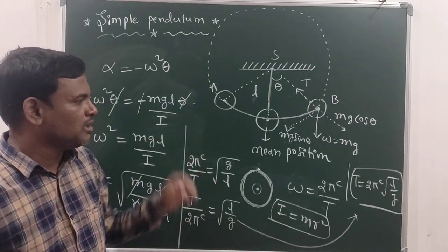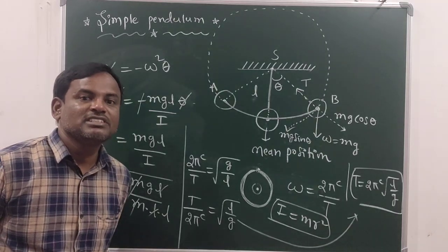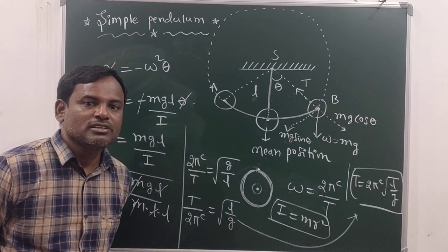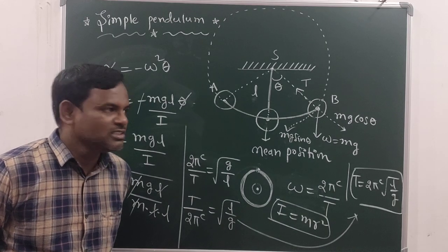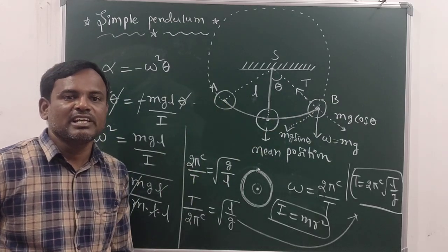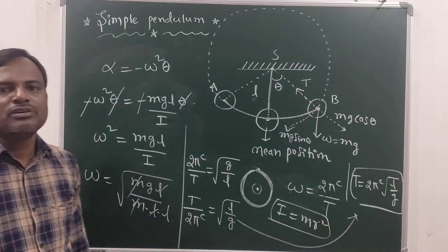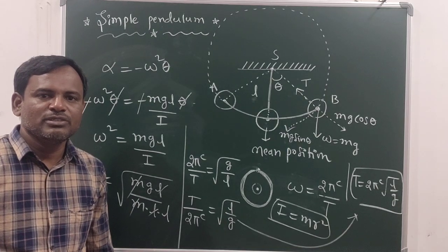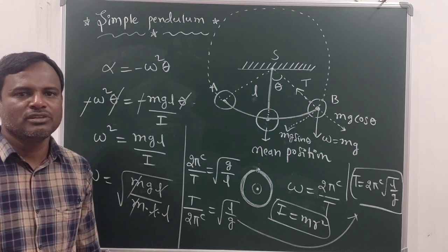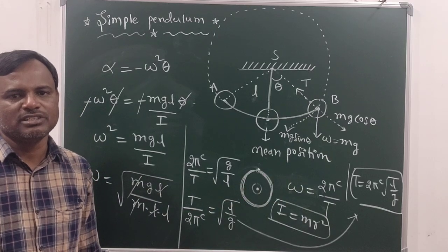If it completes an oscillation in 2 seconds, then that pendulum is known as a seconds pendulum. Whenever the bob takes 2 seconds to finish one complete oscillation, then that simple pendulum is said to be a seconds pendulum. Remember this point. This is the meaning of a simple pendulum, whose motion follows simple harmonic motion, and whose time period is 2 pi radians into root L by g.